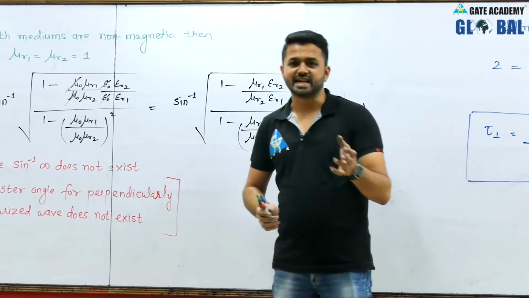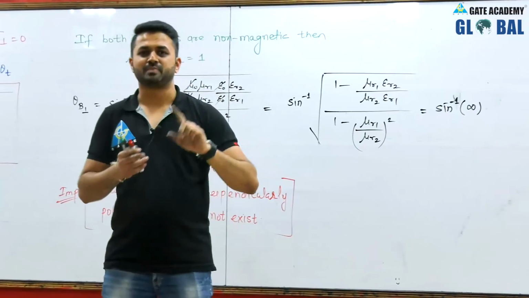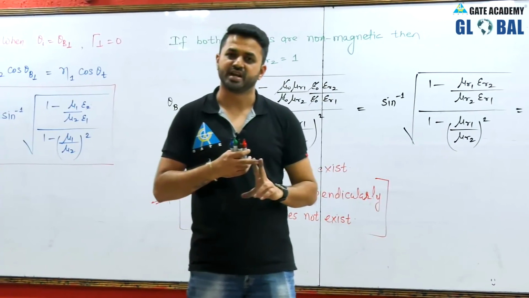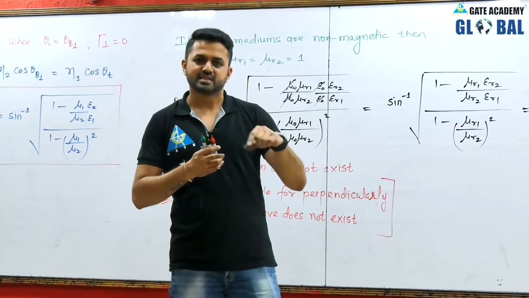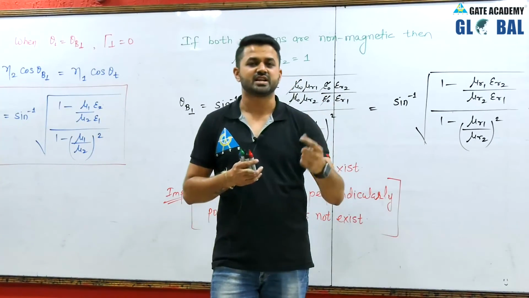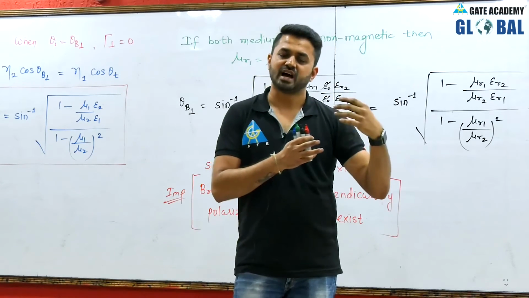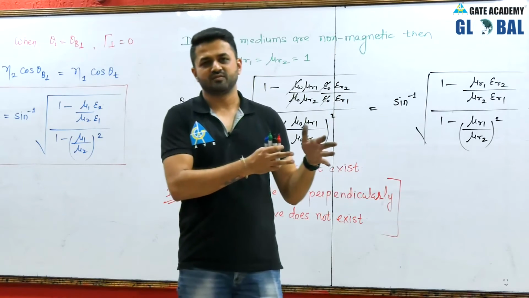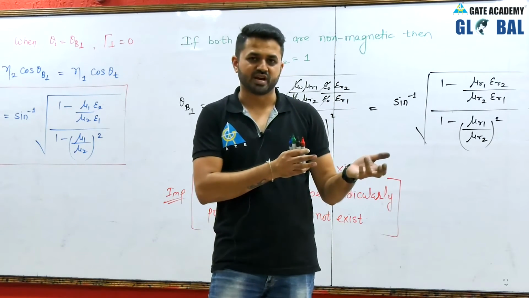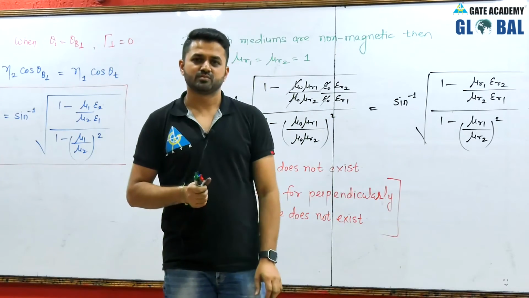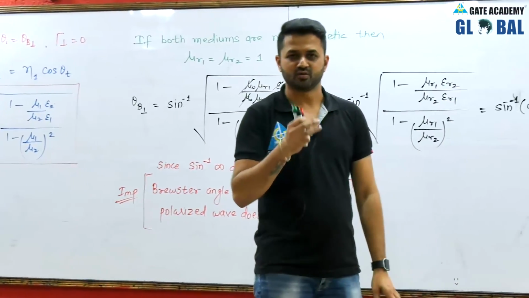That is why, when the incident wave has both parallel and perpendicular components and the angle of incidence equals the Brewster angle, the reflected wave is definitely perpendicularly polarized, because the parallel polarized component is cancelled: at the Brewster angle the reflection coefficient is 0 for parallel polarized but not for perpendicular polarized. So if a reflected wave is present, it has to be perpendicularly polarized.